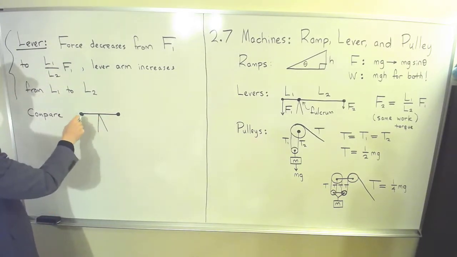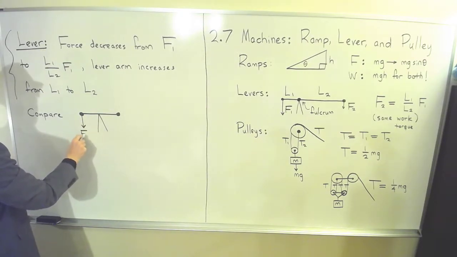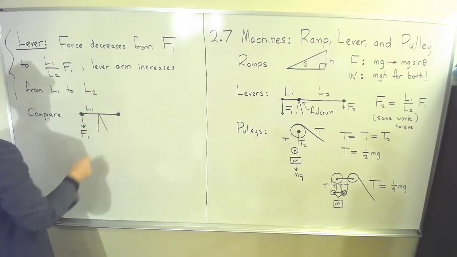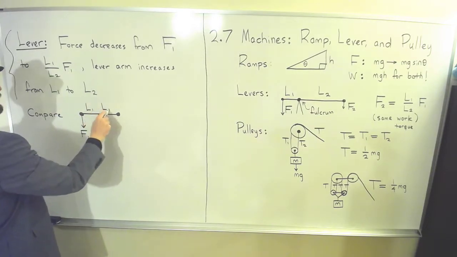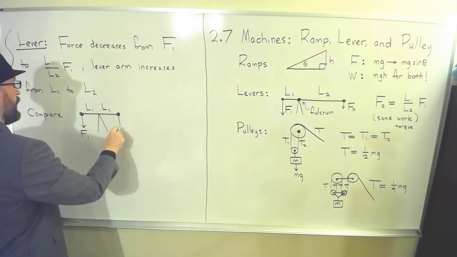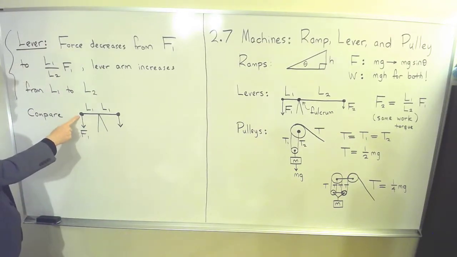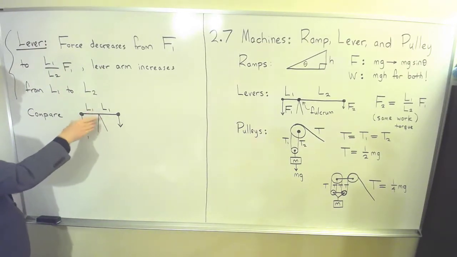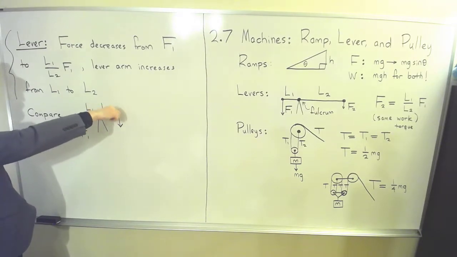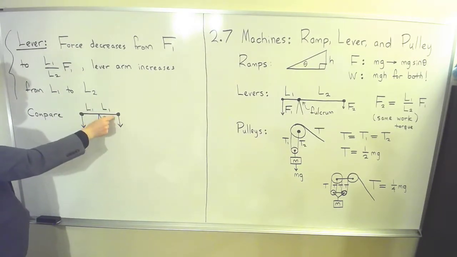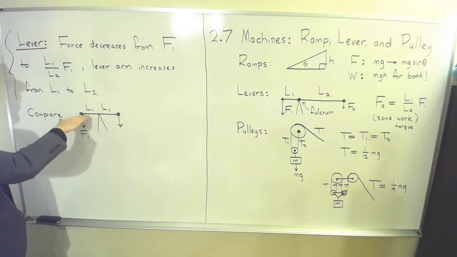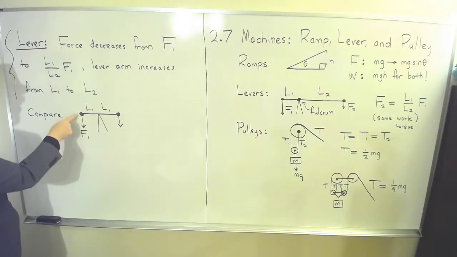If you've got a certain force going down here, and this is a distance of L1, and this is also a distance of L1, then you would have to balance it with exactly the same amount of force. Now suppose you have an elephant or a hippo sitting on this end. You're not going to be able to exert enough force at this distance of L1 to compensate for that force being exerted here.